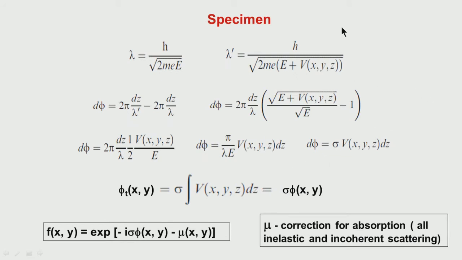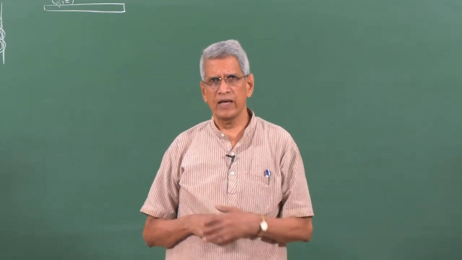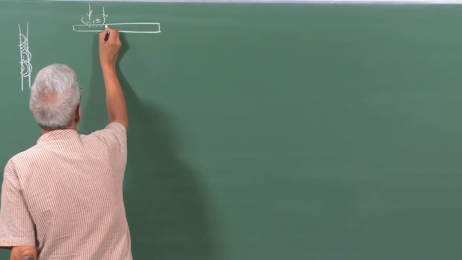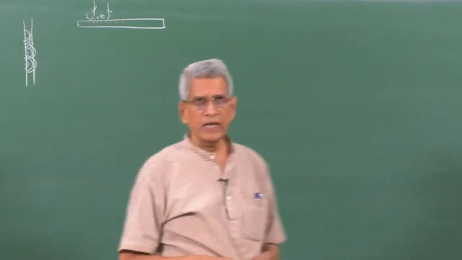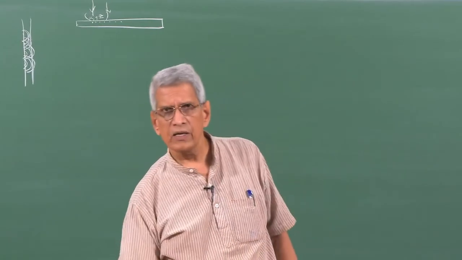Now, let us look at how we have to consider that specimen. Earlier, for diffraction, as well as in the last class for phase contrast microscopy, we considered the specimen where atoms are arranged in a periodic way, and that gives rise to diffraction. Now, as the beam passes through the sample, the atoms are arranged at specific positions; these are positive ions distributed periodically in a sea of negative electrons.